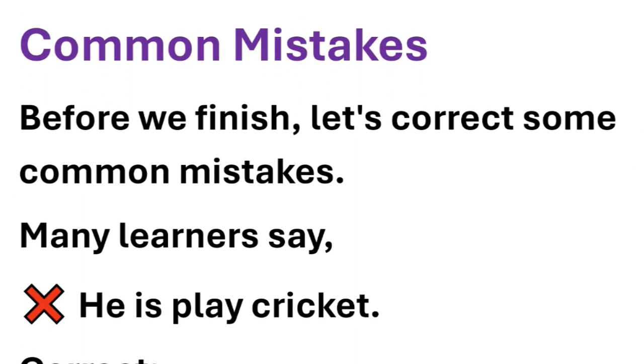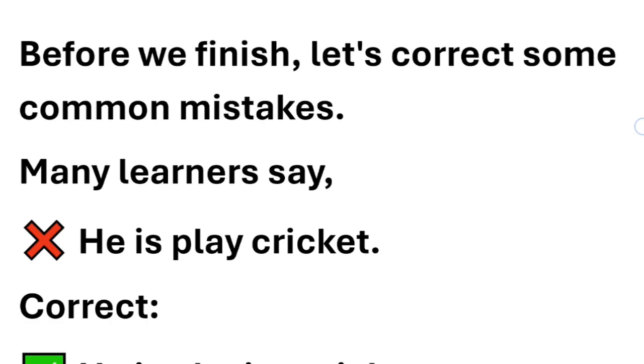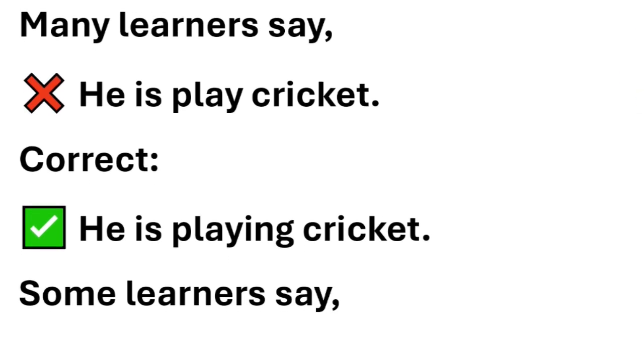Now let's look at some common mistakes which people make and we don't have to make. So before we finish, let's correct some common mistakes. Some learners say he is play cricket, which is incorrect, because after the helping verb is, we have to follow ing form in the main verb, which is playing. So the correct will be saying he is playing cricket.